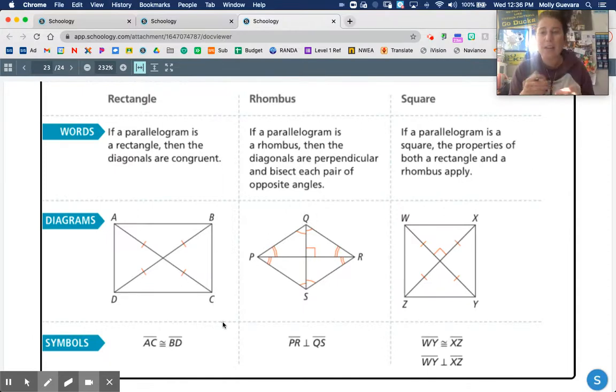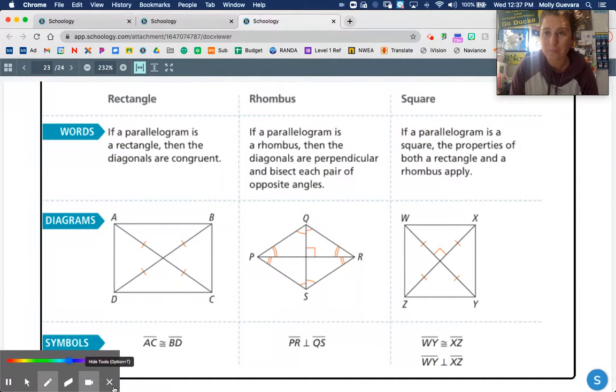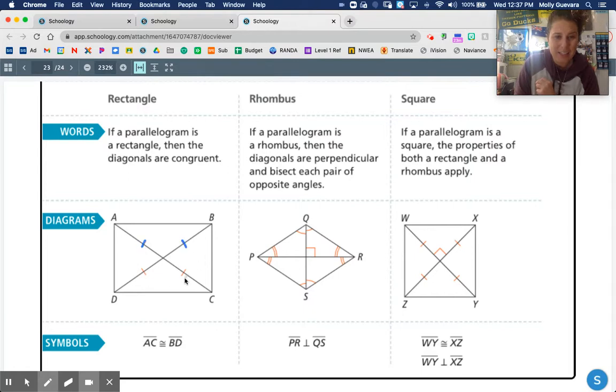So if I have a parallelogram that is a rectangle, all the characteristics of a parallelogram are true, and having 90 degrees makes it a rectangle. What becomes special about that is that the diagonals of the rectangle are congruent. Okay, so AC is equal to BD. So the diagonals are the same. And where they intersect, it cuts both diagonals in half.